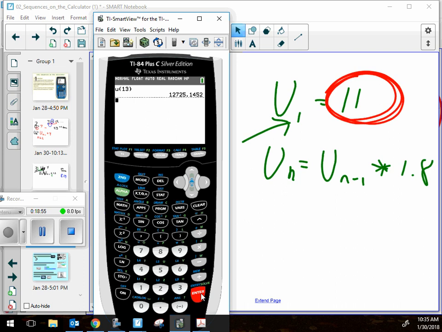All right. To see if you really understood that, I want you to check if your partner is able to enter and find U sub 16. Everybody find U sub 16. Share it with each other. And the kids that don't know how to do it can ask.